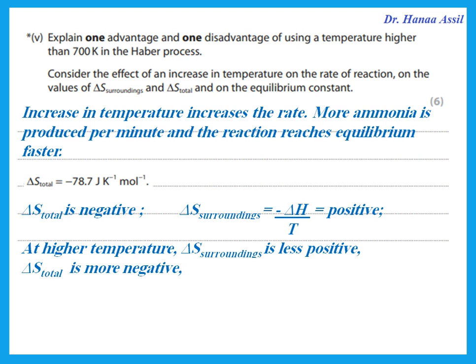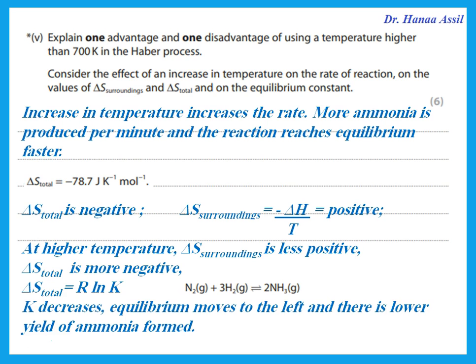And that means the delta S total will be more negative, so it will be less and less feasible. Now, the equilibrium constant, we know that delta S total is R ln K. And you should realize that if the delta S total becomes more negative, then the K decreases and the equilibrium moves to the left, and there is lower yield of ammonia that is obtained.